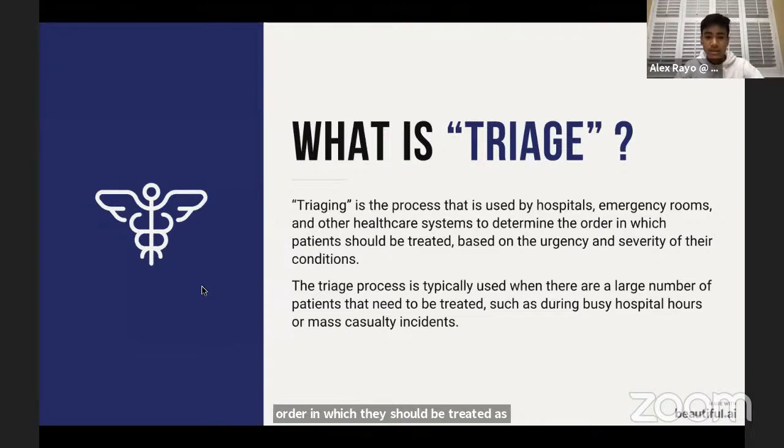Triage is also really helpful in mass casualty incidents, like natural disasters, where the emergency medical team on site will also rank and triage all of the people there to make sure people are getting care in the most efficient way. So I hope that answered that question.